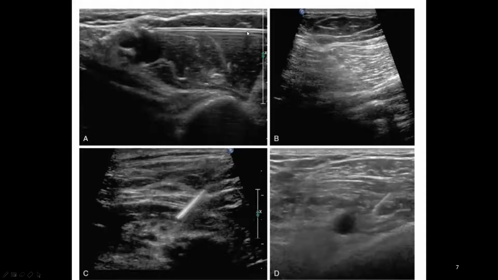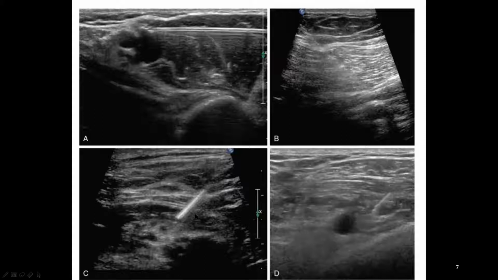So here in this picture, as I was saying, if the angle of insertion or the angle of incidence is parallel or lies just below the transducer, then we'll see the best picture of the needle. And if we go in a steep trajectory, the visibility of the needle becomes very poor. In this picture, we are using an echogenic needle, and here you can see the difference. You can actually visualize the needle very nicely.